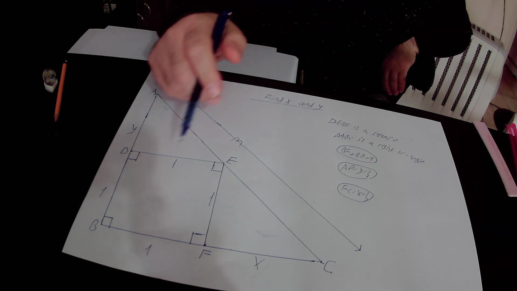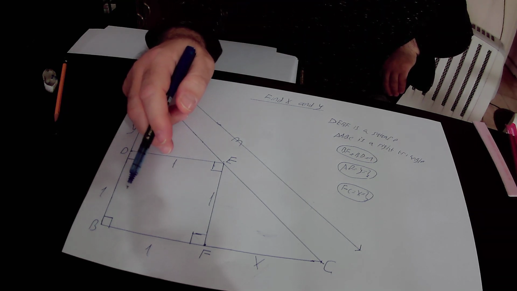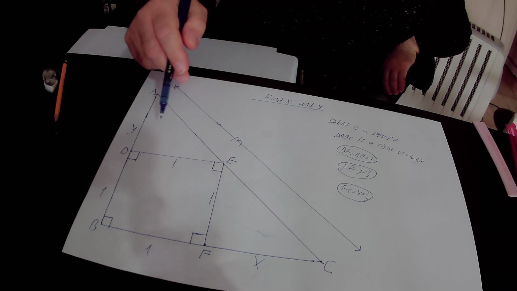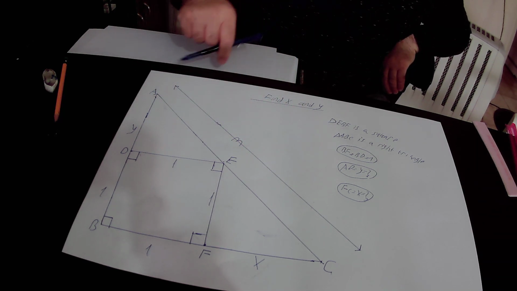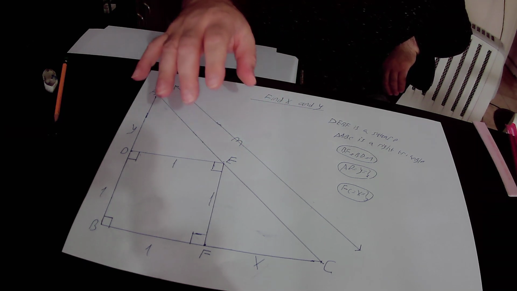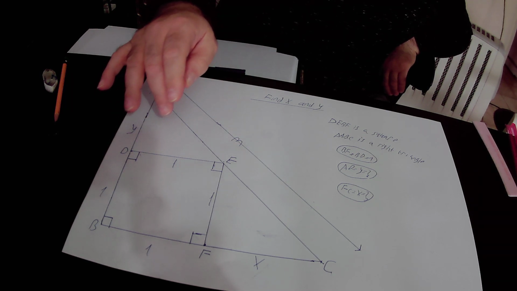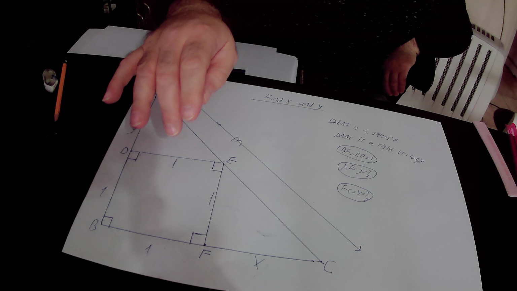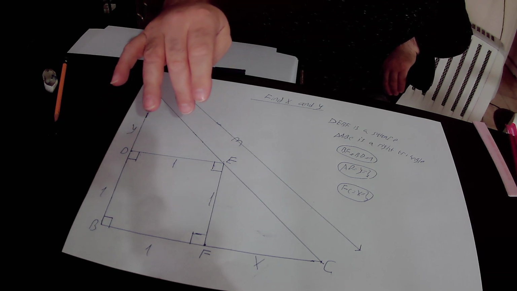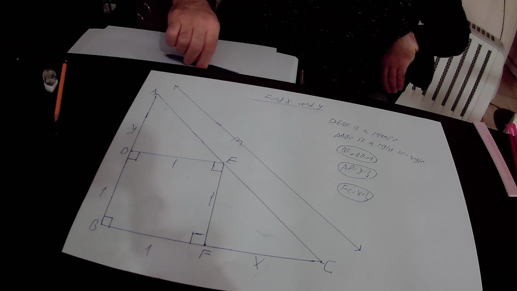So we know that part of the straight line BC is parallel to DE, and because of the fact that part of the straight line BC is parallel to DE, then the straight line itself BC will be also parallel to DE.